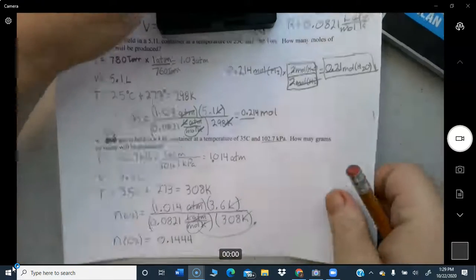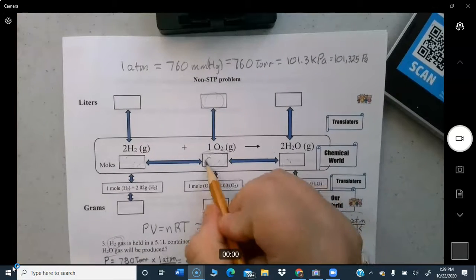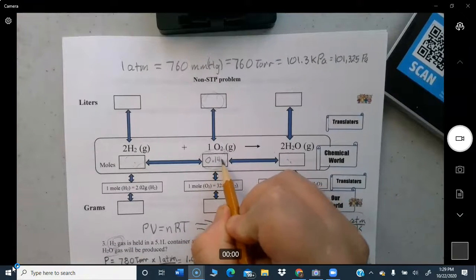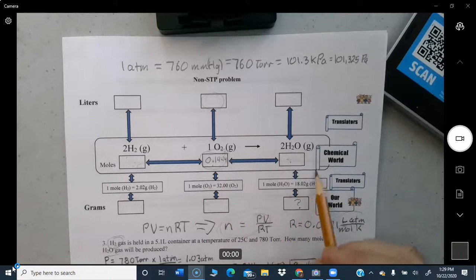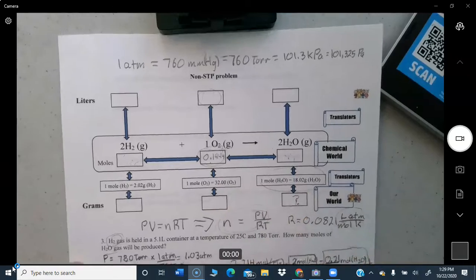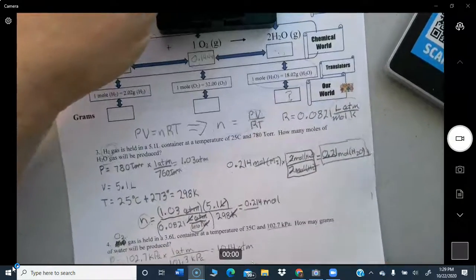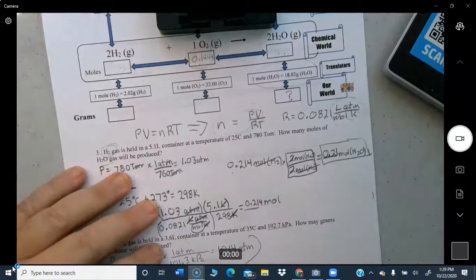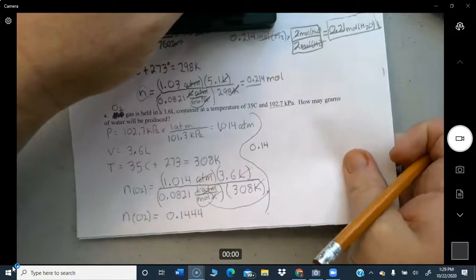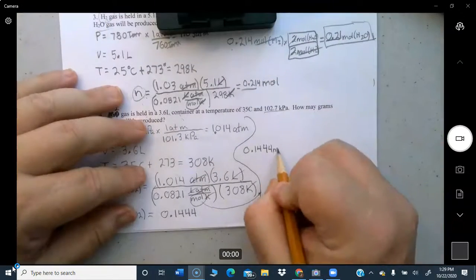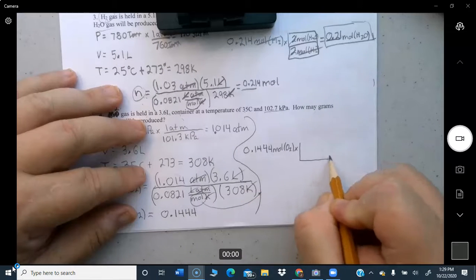Okay, so now where are we here? We're here. It's right there, 0.1444 moles of O2. And we need to get out here, so it's 2 conversions. Moles of O2 to moles of H2O, and then molar mass to get us out to the final answer. Let's go ahead and just write that out. Draw a line here, fit my boxes in.